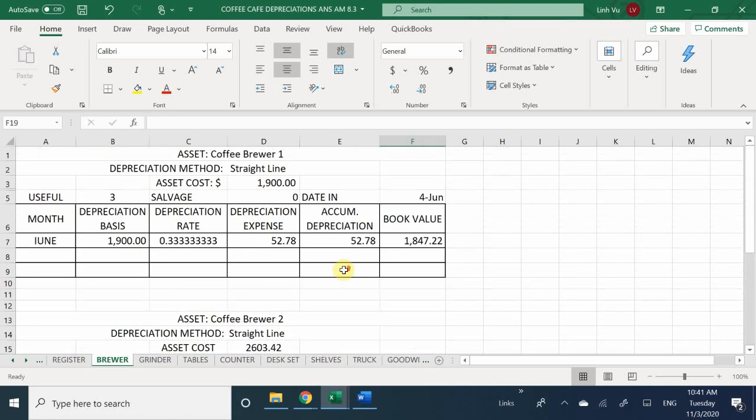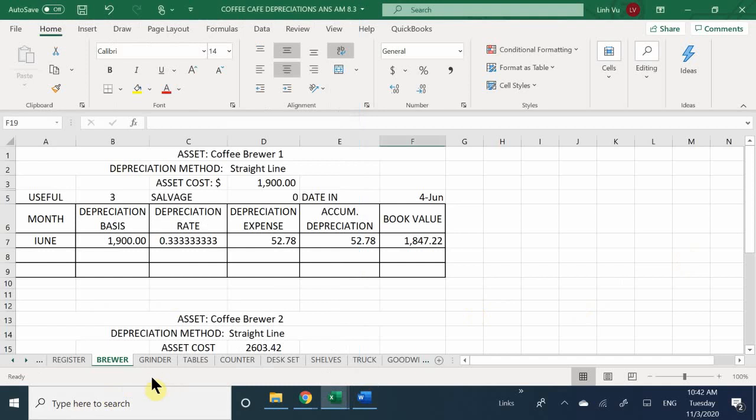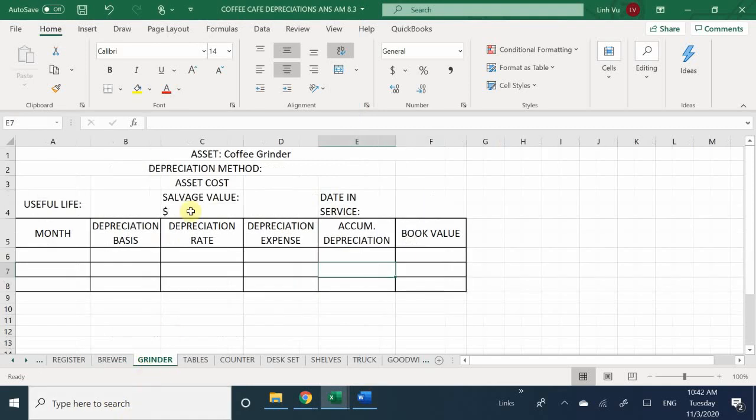Okay. So let's go ahead and look at the next scenario. What does it say here? Calculate 1 month depreciation for coffee grinder, 5-year life, straight line, no residual value. Okay, so let's go find my grinder.